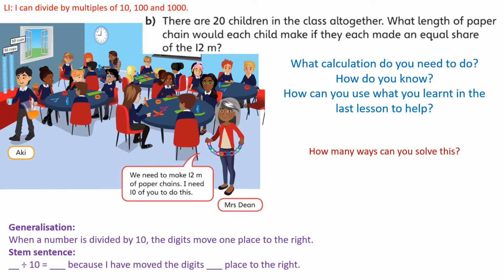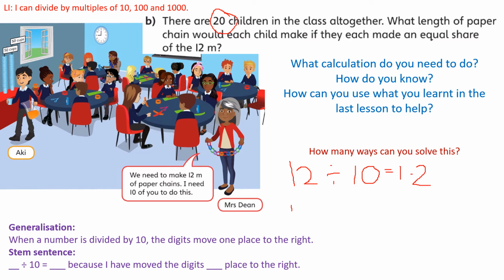Now Mrs. Dean says, we need to make 12 meters of paper chains and I need 10 of you to do this. Now in question A, we know that 12 divided by 10 was 1.2. But this time I'm dividing by 20.